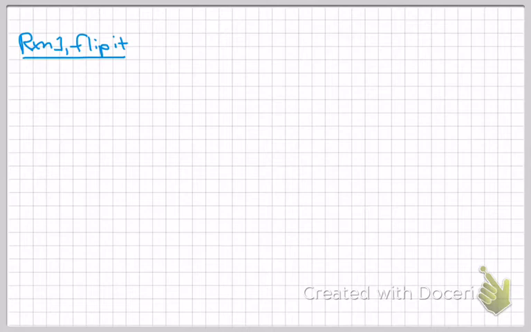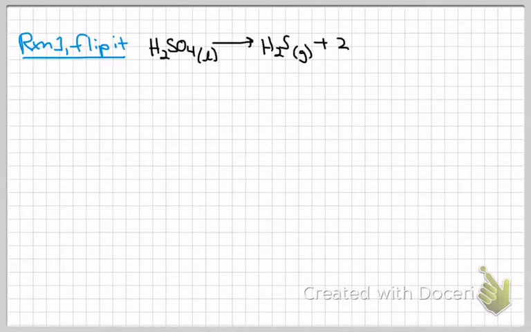equation. So I decided to begin by looking at reaction 1, and I flipped it. And when I do, it looks like this. Now the reason I'm flipping it is I'm keeping my eye on the target, and I see that I want sulfuric acid, H2SO4. I need it as a reactant in my target equation.